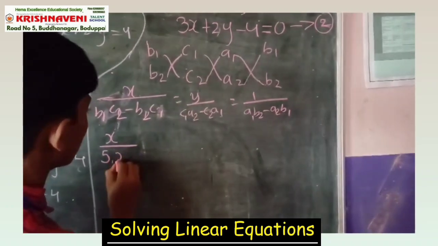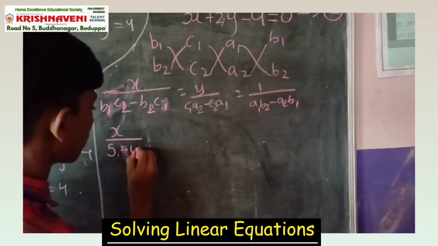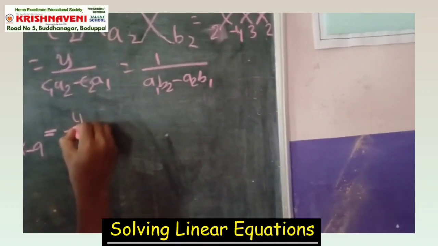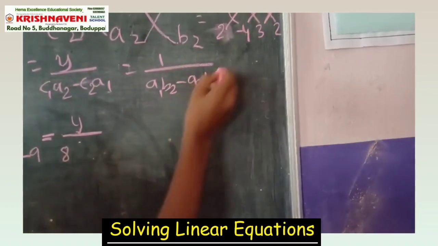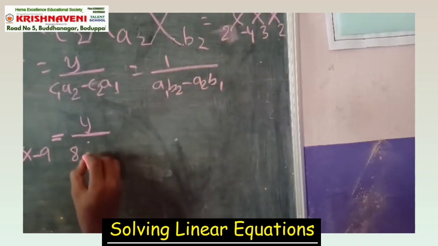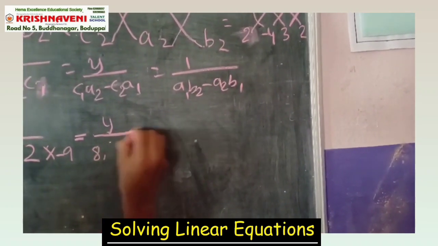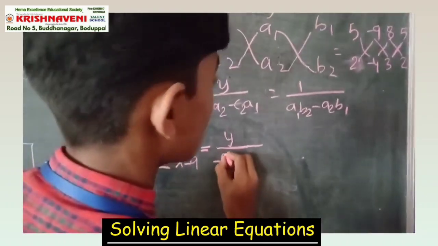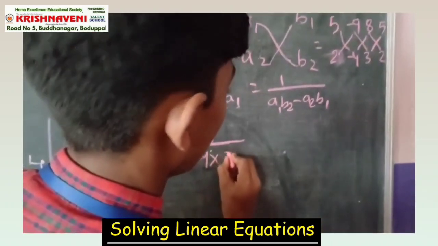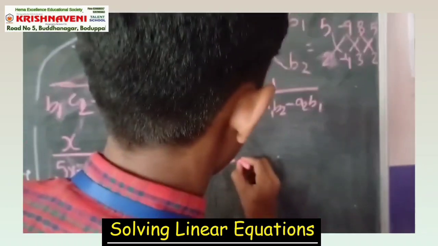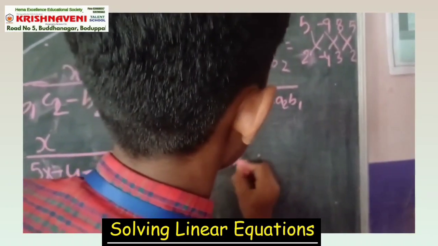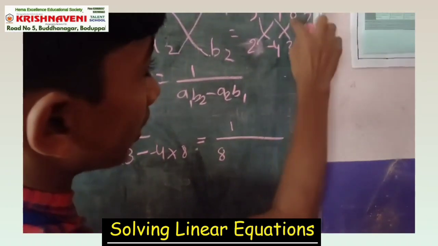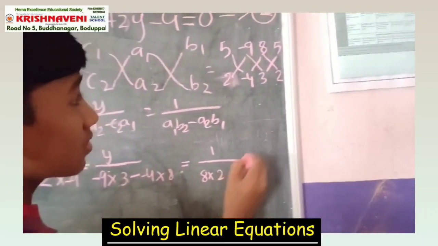B2 into C2 minus 4, B2 minus 9, equals to 1 by 8 into 2 minus 3 into 5. Minus 9 into 3, minus 4 into 8, is equal to 1 by 8 into 2 minus 3 into 5.